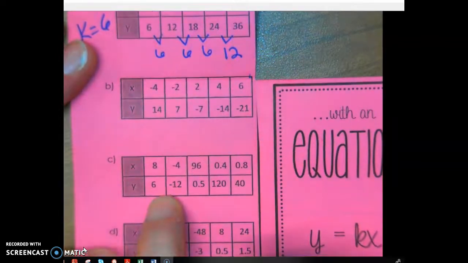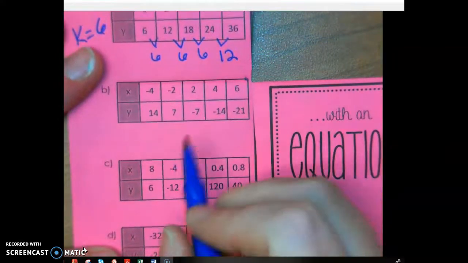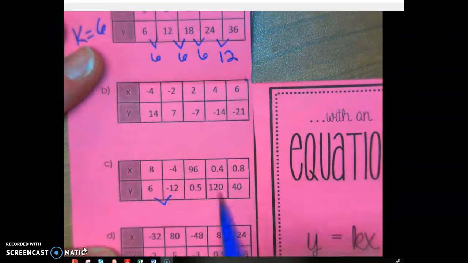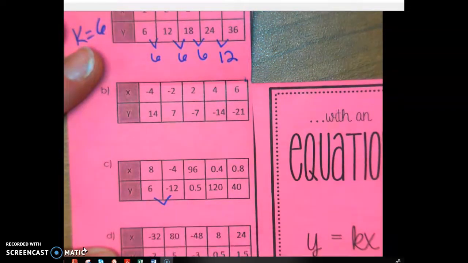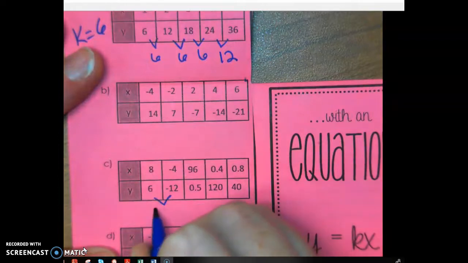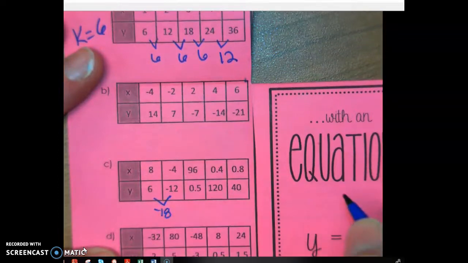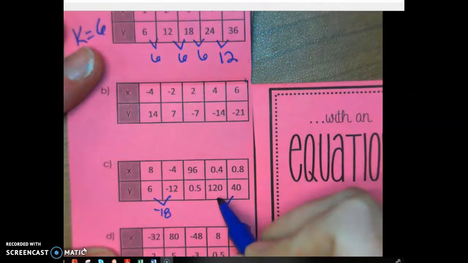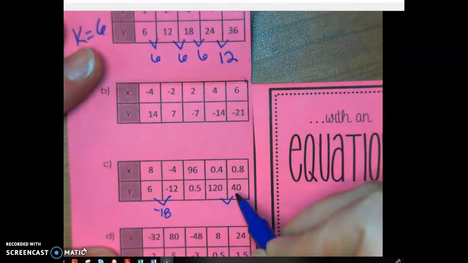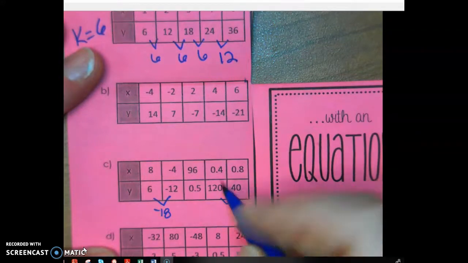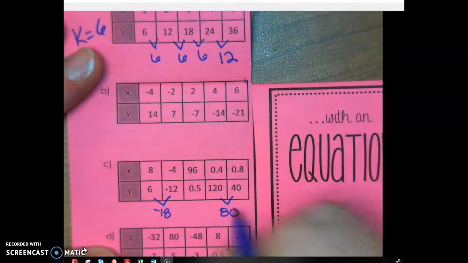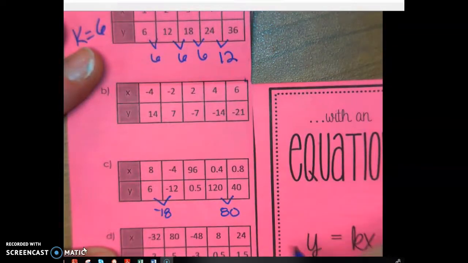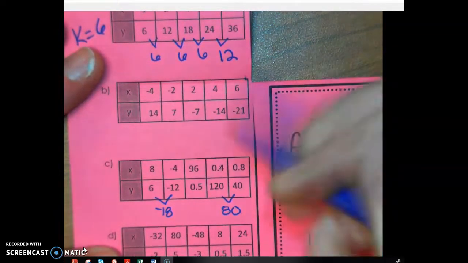Look here at this one. My difference here from 6 to negative 12 is negative 18. And here, 120 to 140 is 20, and 60 to 140 is 80. It doesn't matter that they're not the same, as long as they divide out, we're okay.